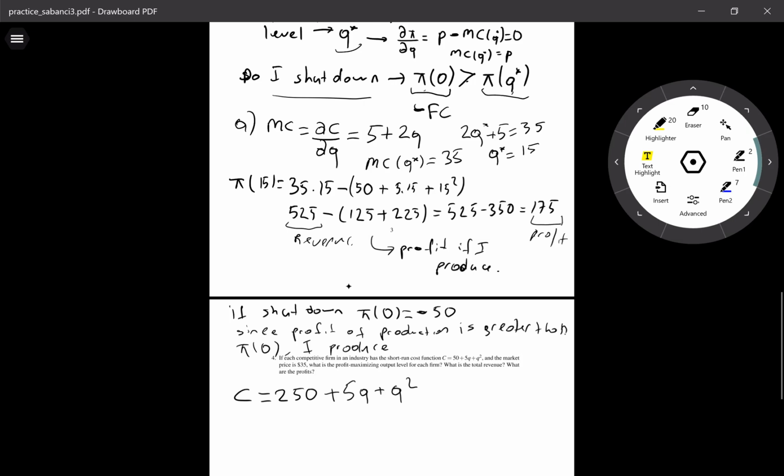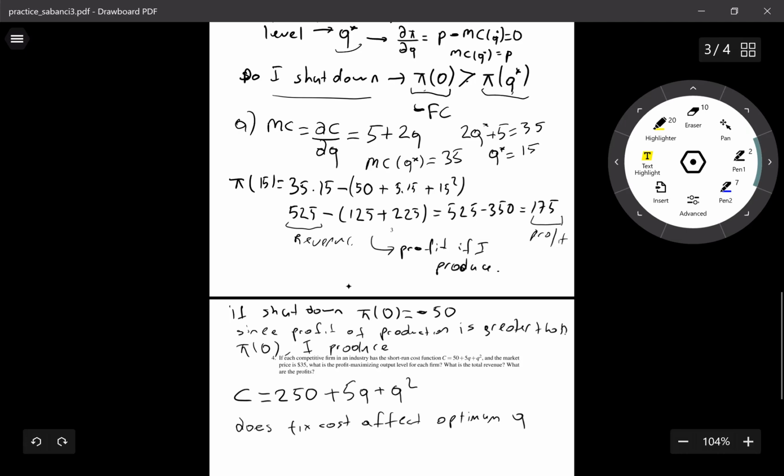But does fixed cost affect the optimum Q star when I produce? No. Why? Because only the fixed cost is changing, from 50 to 250.